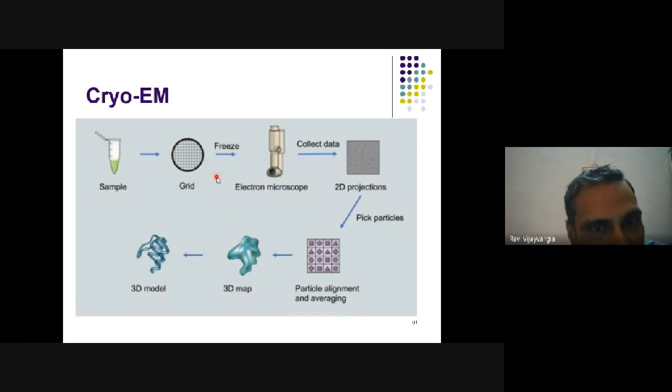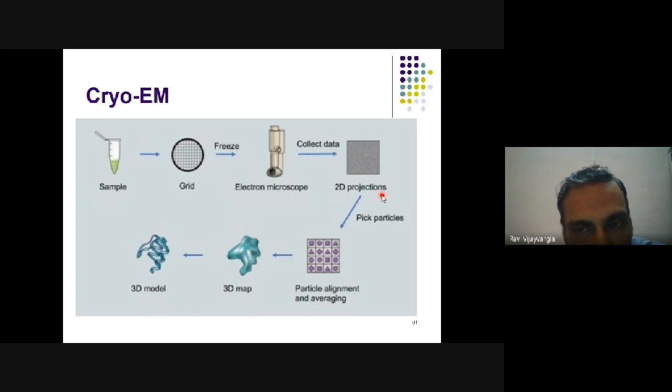At this low temperature, even if the molecules don't really form crystals, they are frozen in such a way that they retain a particular shape. Under that frozen shape, they are visualized under the electron microscope and the data is collected.